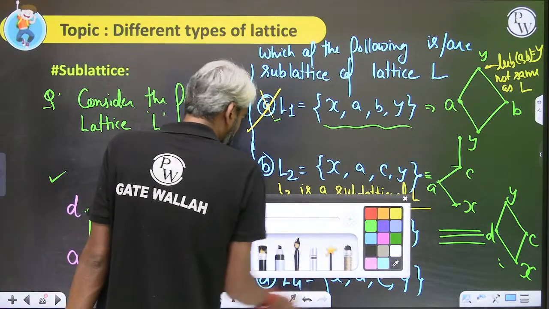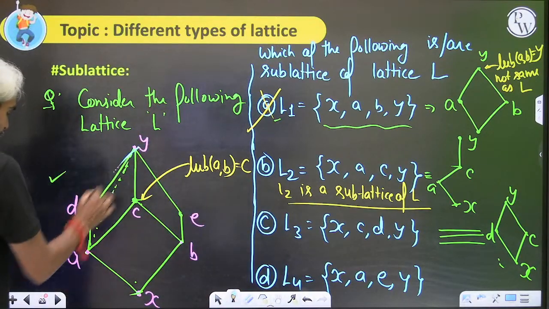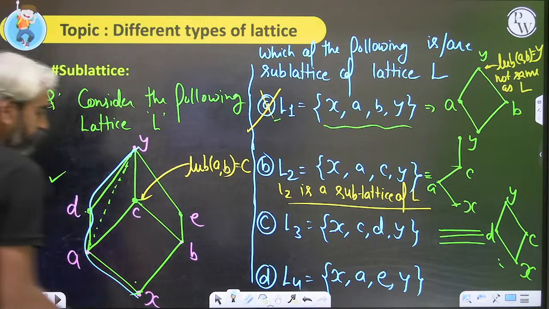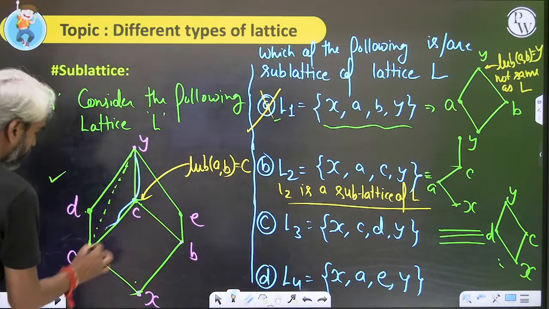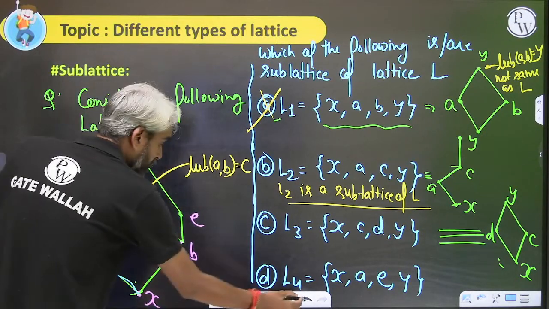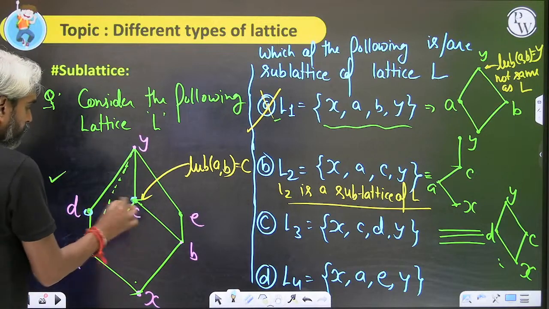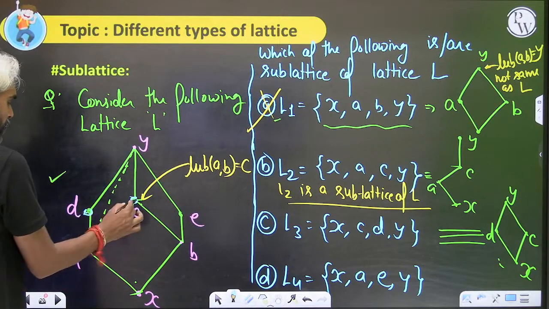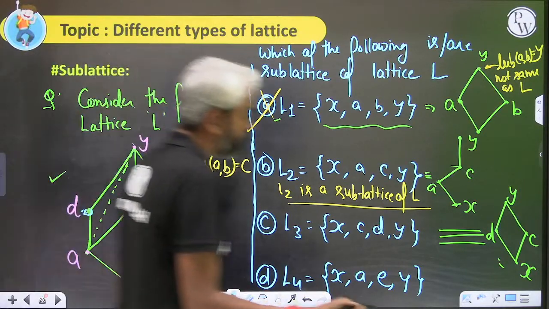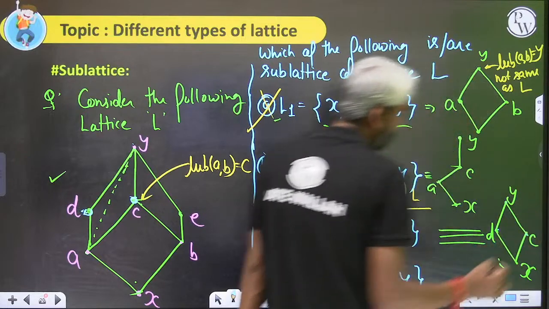Come on. If you take three elements on this line, x, d, y, nothing is going to change. If you take three elements on this line, nothing is going to change. But what if you take the elements from two different lines? The least upper bound of d and c is y. Here also, the least upper bound of d and c is y.